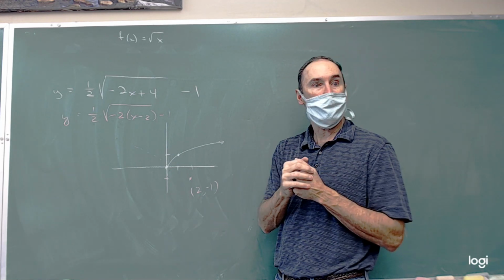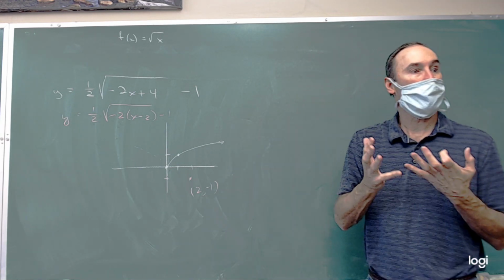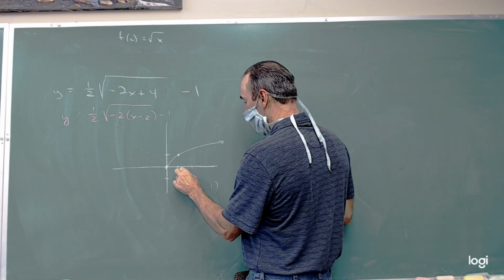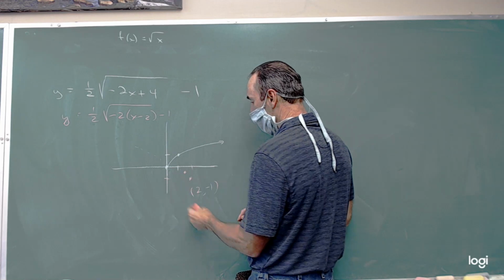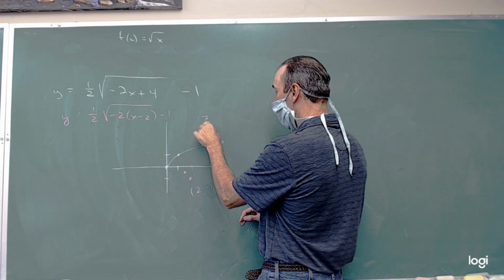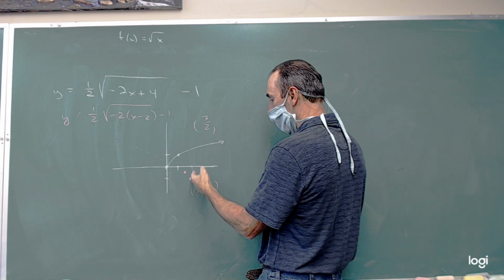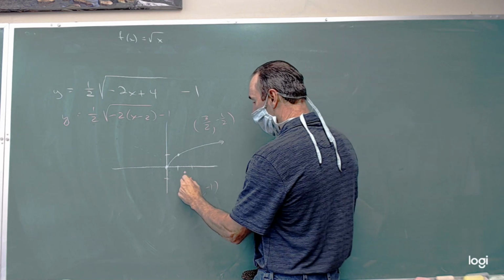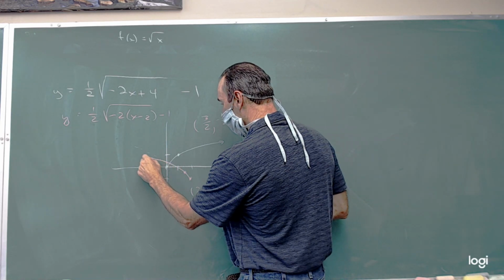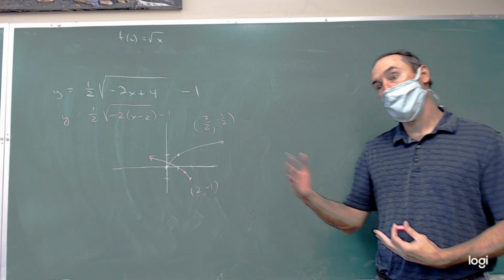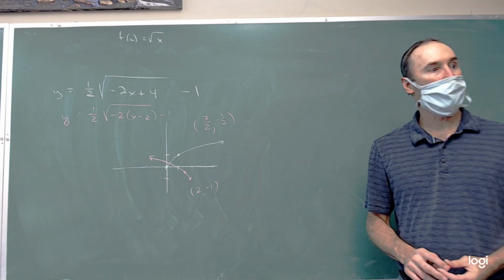So we can't just try to dodge the fraction part of this, unfortunately. So going up 1/2 and over 1/2, I think, is going to make that x coordinate be 3/2 or 1.5, either way, and the y coordinate be negative 1/2. And then we're going to try to draw that top half of a parabola that's opening to the left.